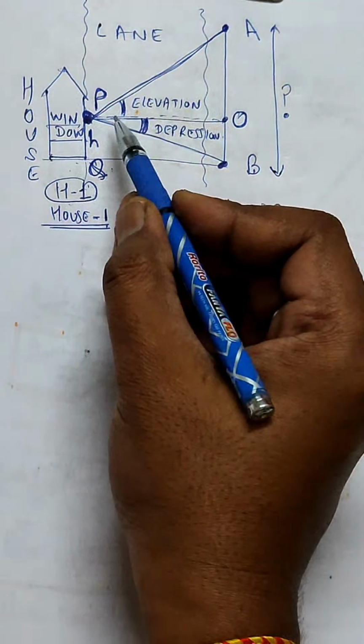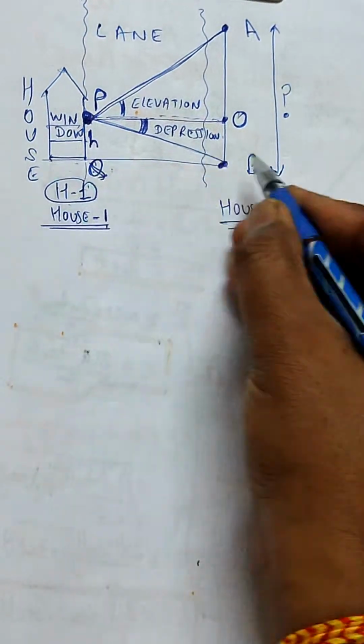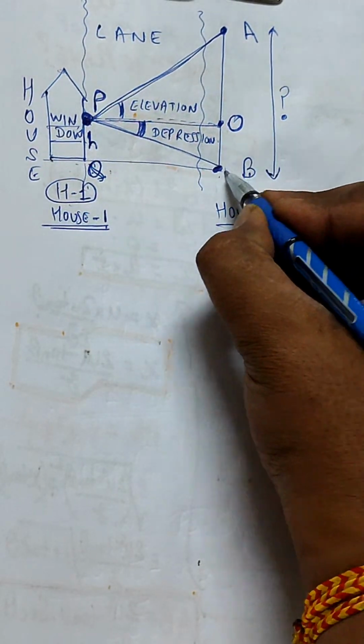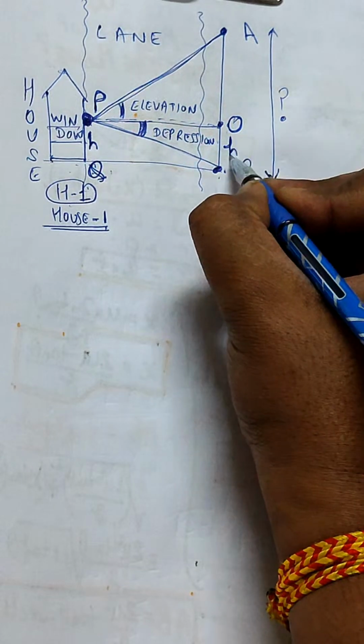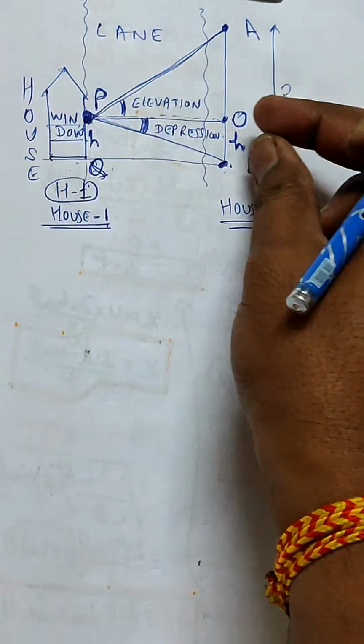Then we need to find the height. So if P to Q is h, then what is the length of O to B? It's also h, right? This is h, this is h.